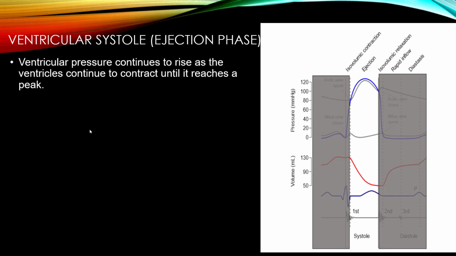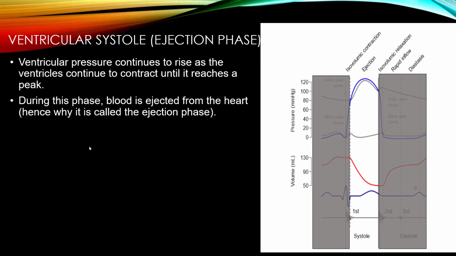Ventricular pressure continues to rise as the ventricle continues to contract until it reaches a peak. The valve is open and the contraction in the ventricle is still in progress until it reaches the peak. At 80-85 the aortic valve opens and at 120 it reaches its peak.